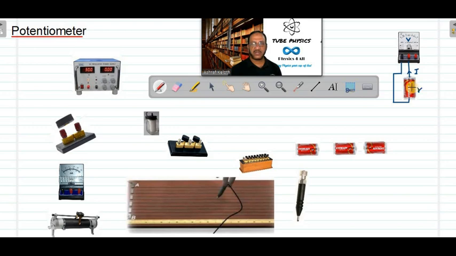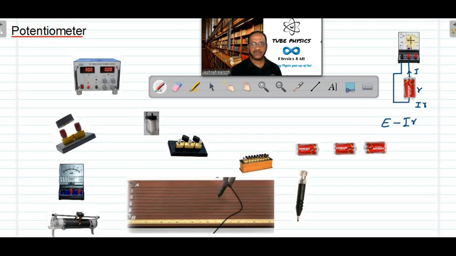How much will be the voltage drop inside the cell? IR, correct, I into R. Out of the EMF, if E is the EMF, IR should be subtracted. IR is dropped inside the cell itself, and the remaining will be measured by the voltmeter.